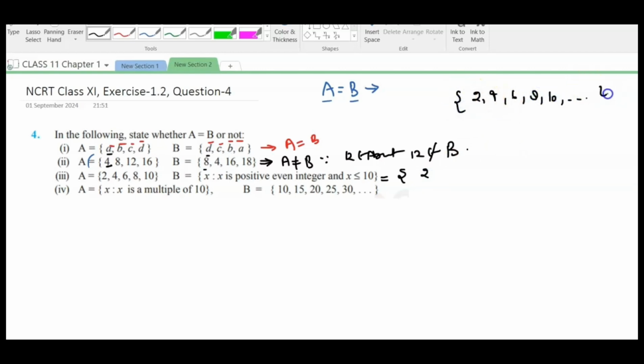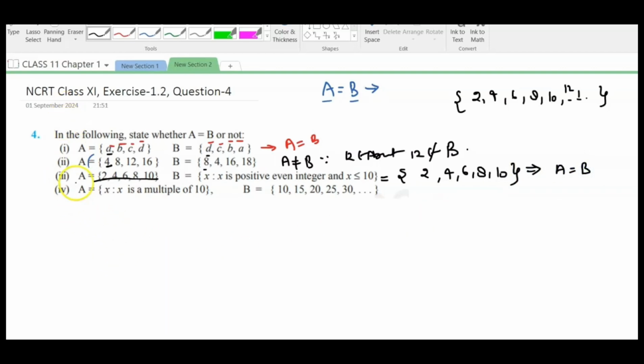And it should be less than or equal to 10. So this would be 2, 4, 6, 8, 10. We'll not take the next, 12, because it will not be less than or equal to 10. So again, the sets A and B are basically the same set. So it means that A is equal to B.